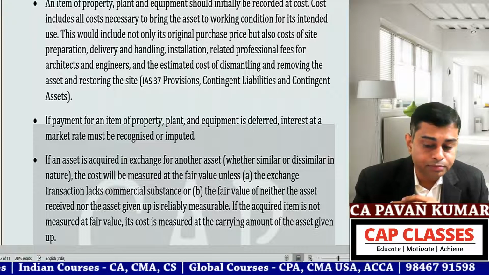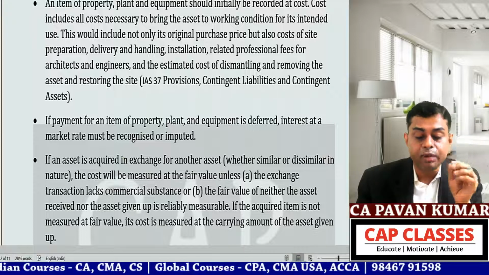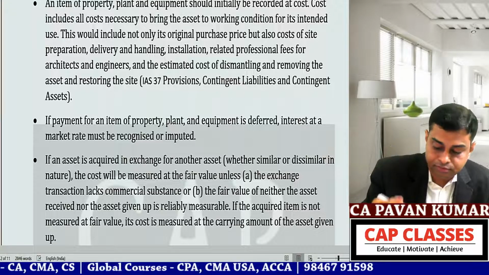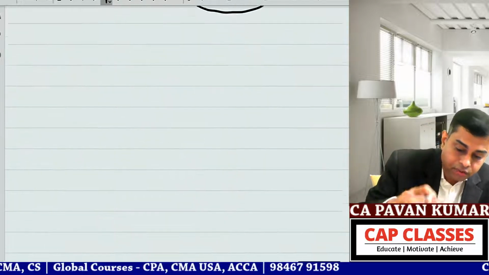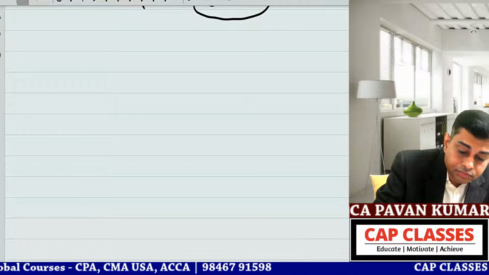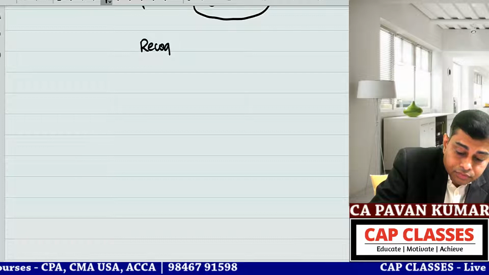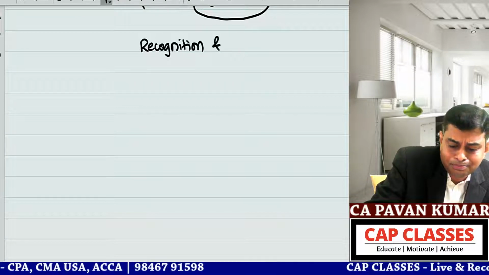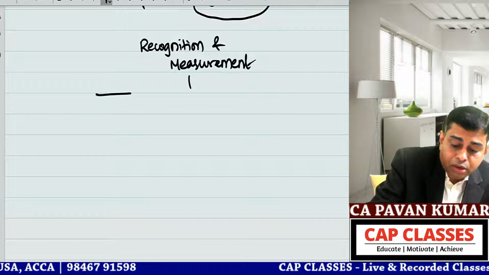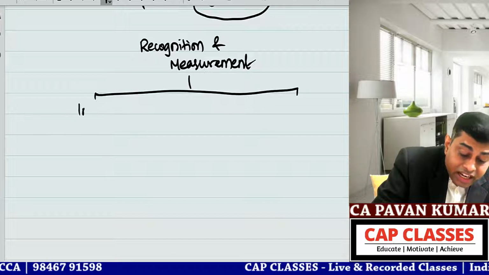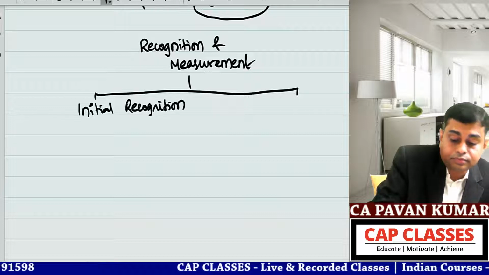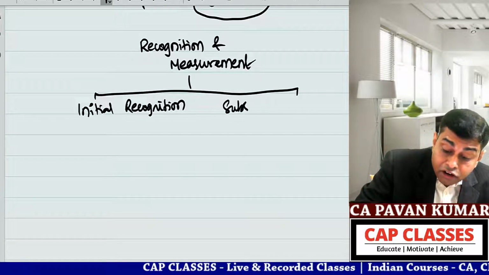Okay, so shall we start? Line 1 says an item of PPE initially should be recorded at cost. So look here. Recognition and measurement. From this, 2 arrow marks down: initial recognition, subsequent measurement.